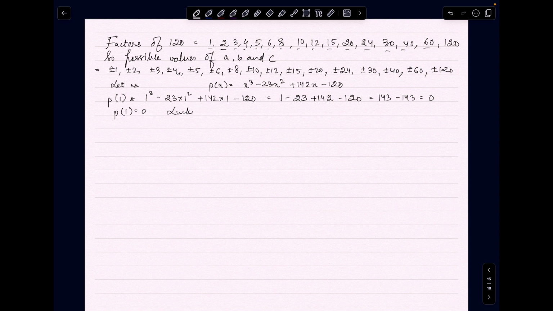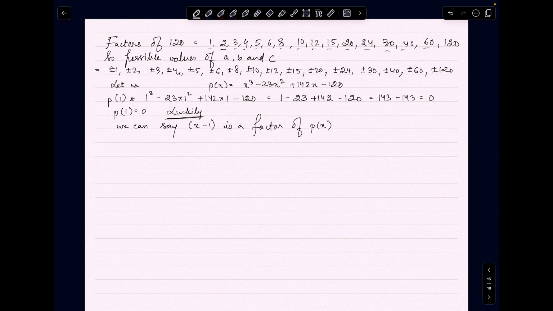Luckily, the first term that you checked was P of 1, and you are getting 0. If P of 1 equals 0, we can say x minus 1 is a factor of P of x.